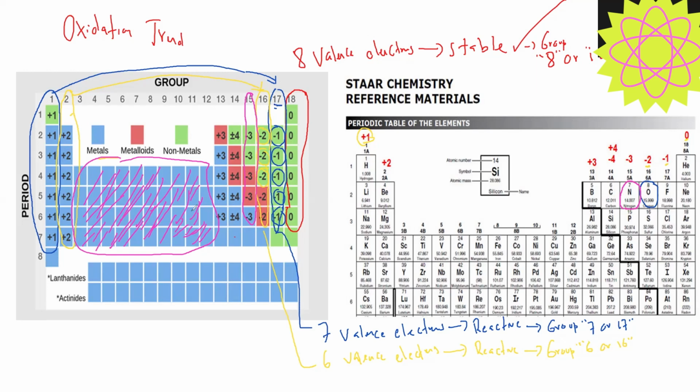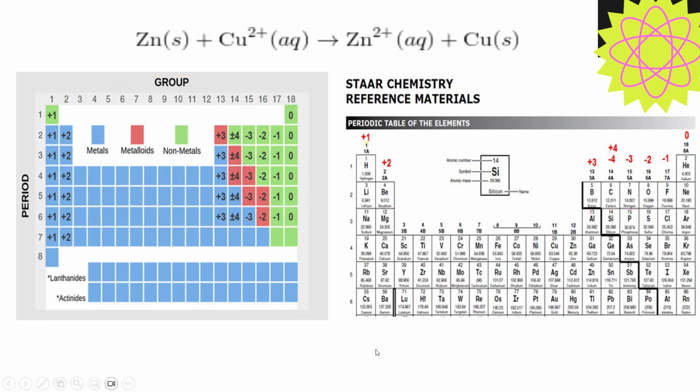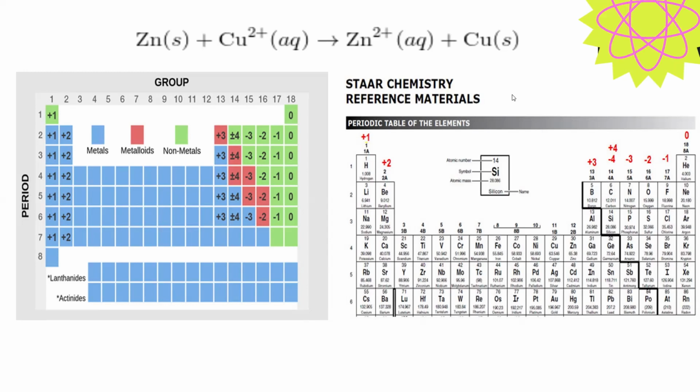All right, and I have an important question for you. Why can carbon donate or obtain 4? Because he's in the group number 4, right? So he can obtain 4, or he can donate 4. In fact, it will complete the 8 valence electrons. In this case, we have zinc, right? What is the oxidation number for zinc?